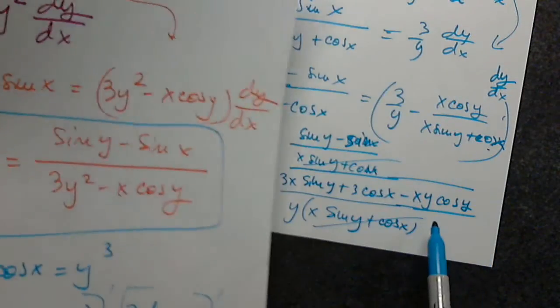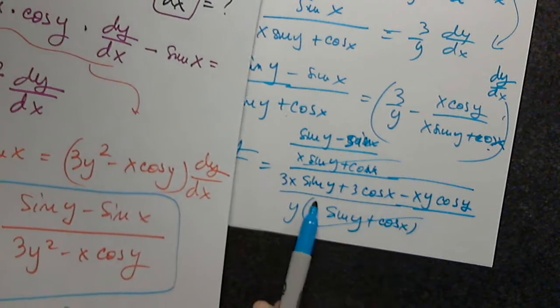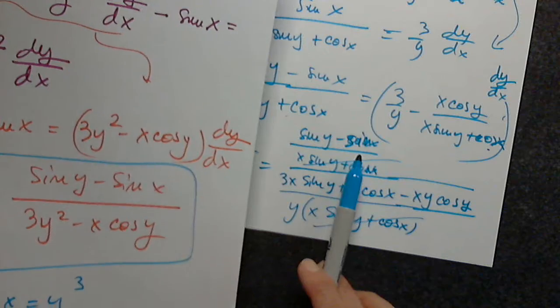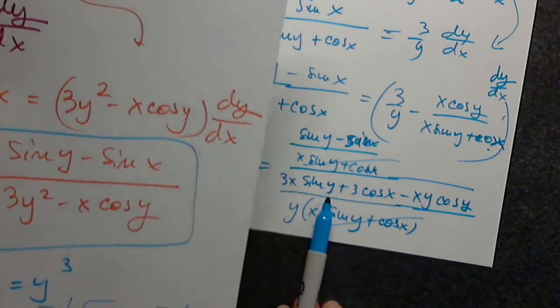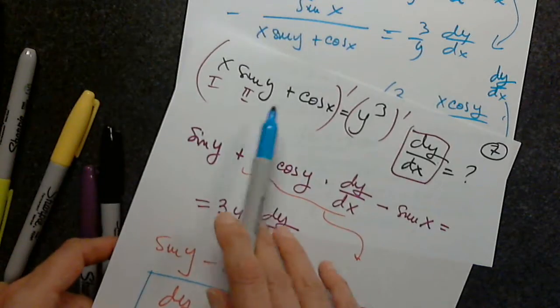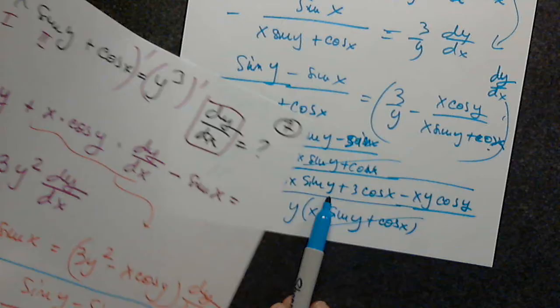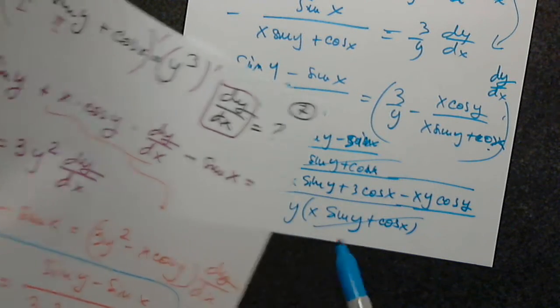Then in order to get this, I have to go back and simplify. 3x sine y minus sine x, and the denominator 3. I have to replace y cubed somehow. So I have an x and a sine y. Yes. See, I pull out a 3.